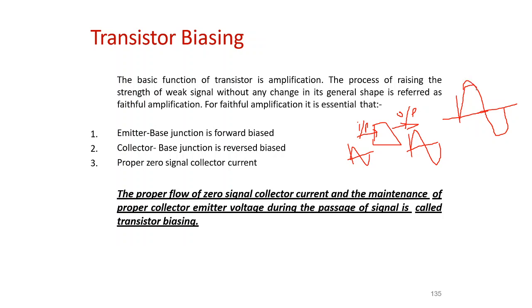So if proper biasing is not chosen, the shape of the signal changes. Also, for the transistor to act as an amplifier, the JE junction should be forward biased and the JC junction should be reverse biased. Only then will the transistor act as an amplifier.